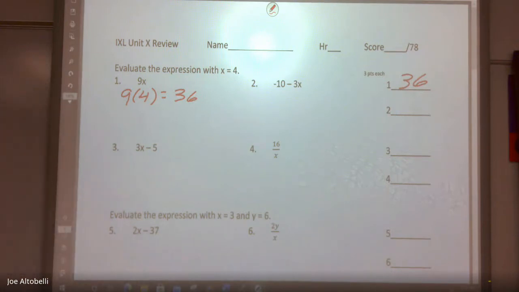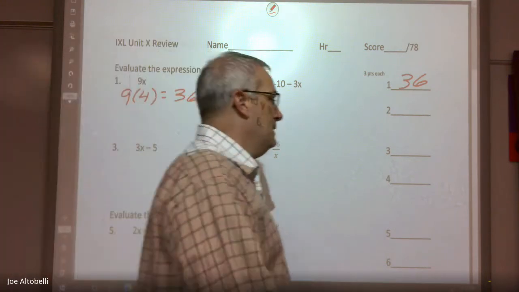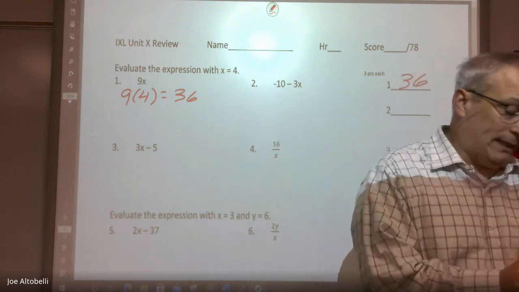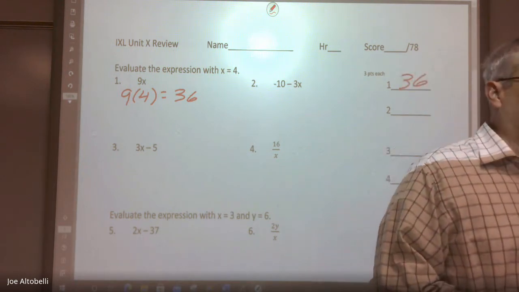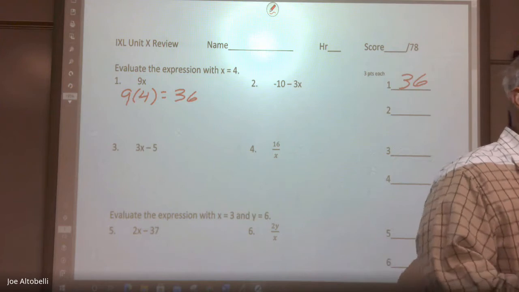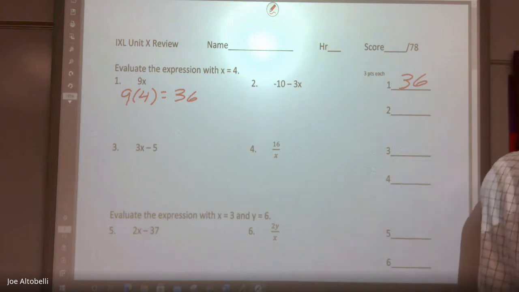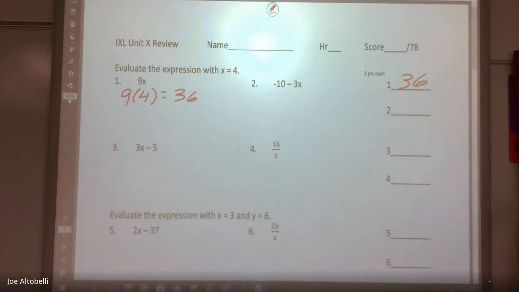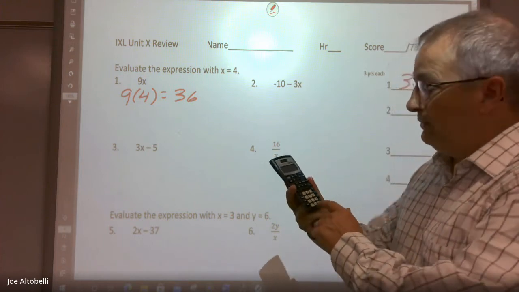Is there a negative button on the calculator? Yes, there's a negative button. It's here on this calculator.